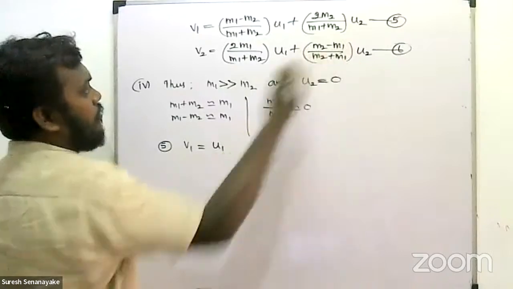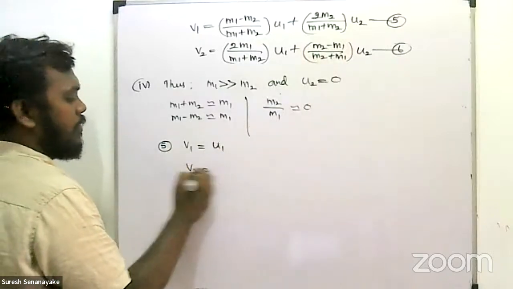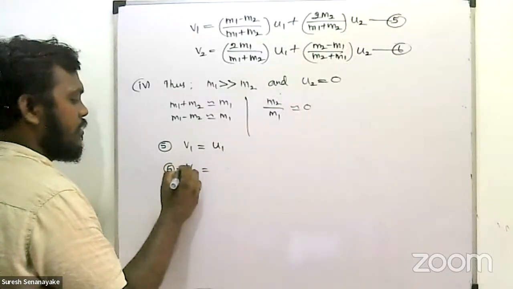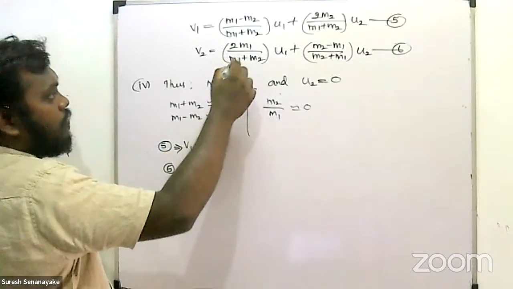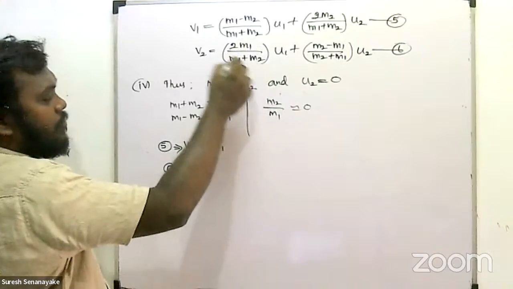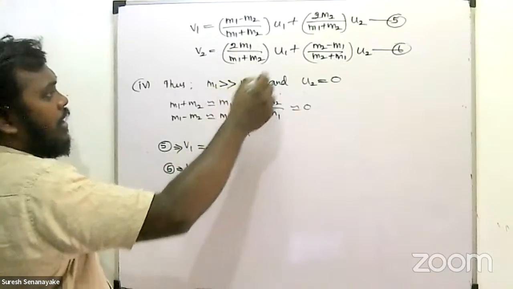And then V2, from equation 6, becomes 2 m1, and m1 plus m2 is also m1, m1 cancel, and this becomes 2u.